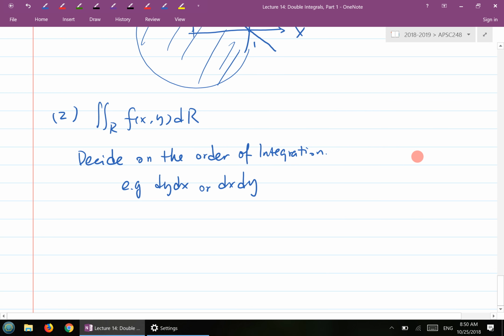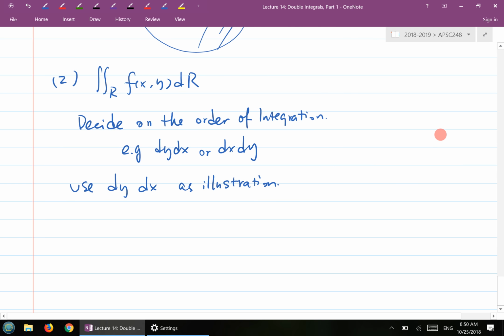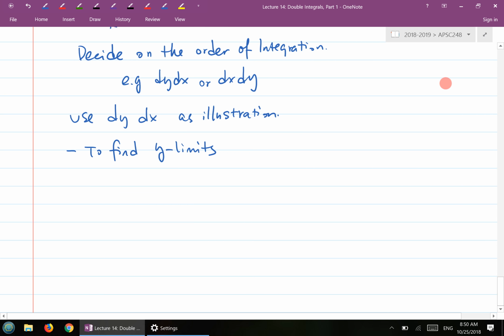So I'm going to use dy dx as illustration to find the limits for the region R. If I do dy dx, that basically means we will try to find the y limits first. I'm going to use that region R to illustrate the idea.